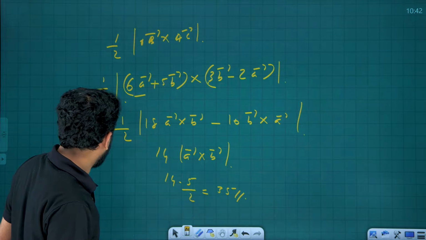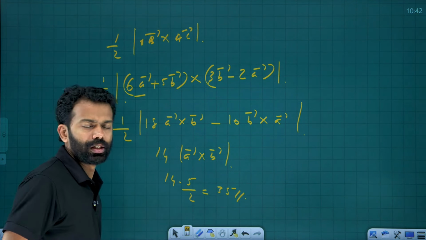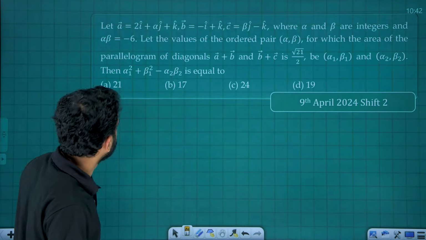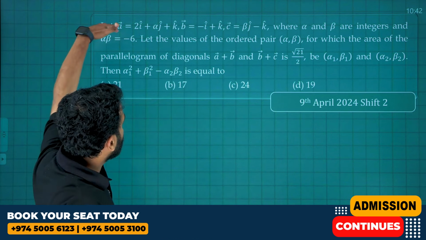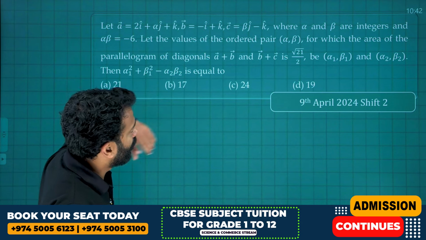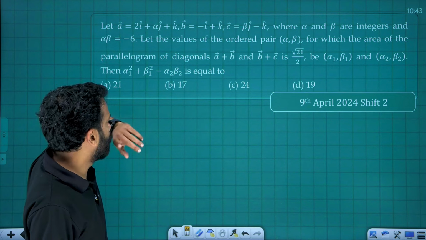If the diagonals of a parallelogram are given, you can formulate it like this: half into vector A cross vector B, if vector A and vector B are the diagonals. Yeah, the question based on that. Again, vector A and vector B are given, and vector C is also given, where alpha and beta are integers, and alpha beta is equal to -6.